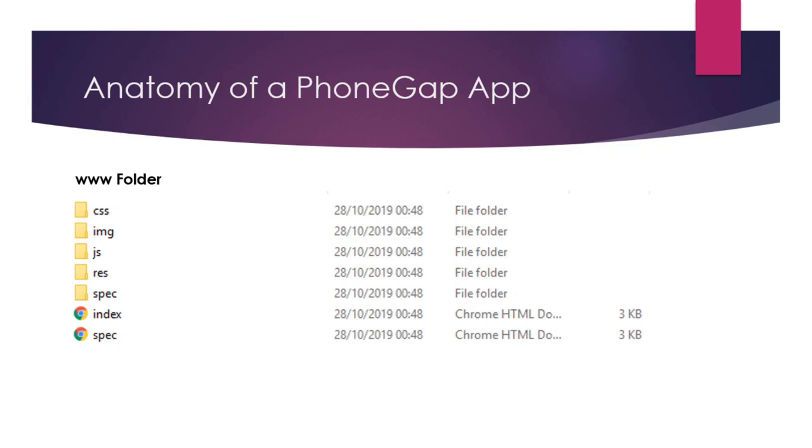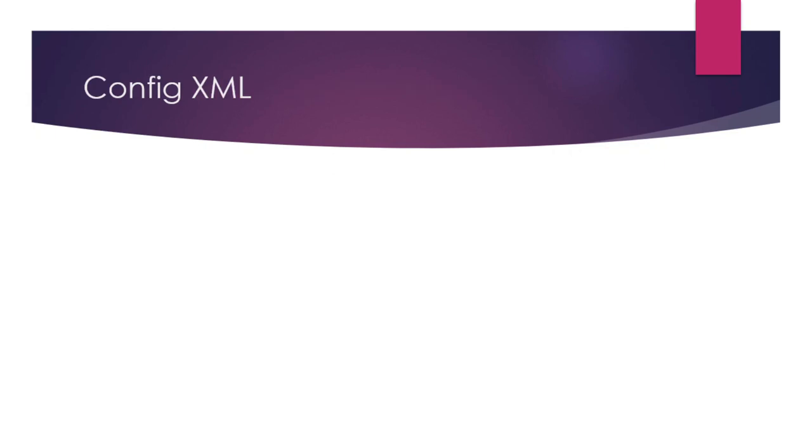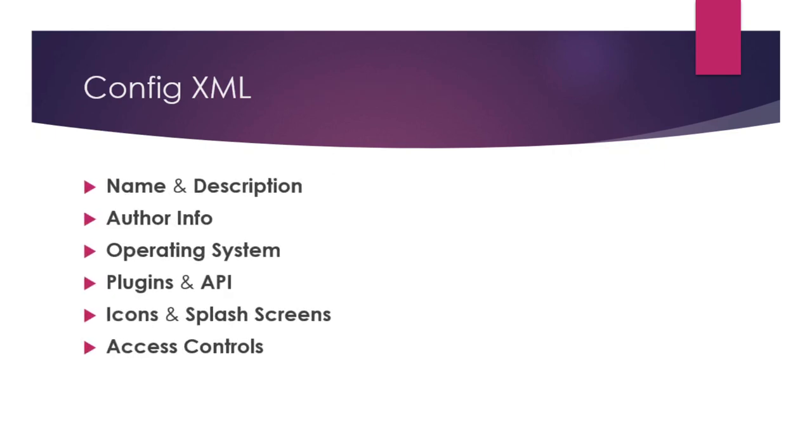Actually, after you generate your files, it resides outside your www folder. But once you are ready to use it with PhoneGap Build, you need to have your config.xml file residing in that www folder.